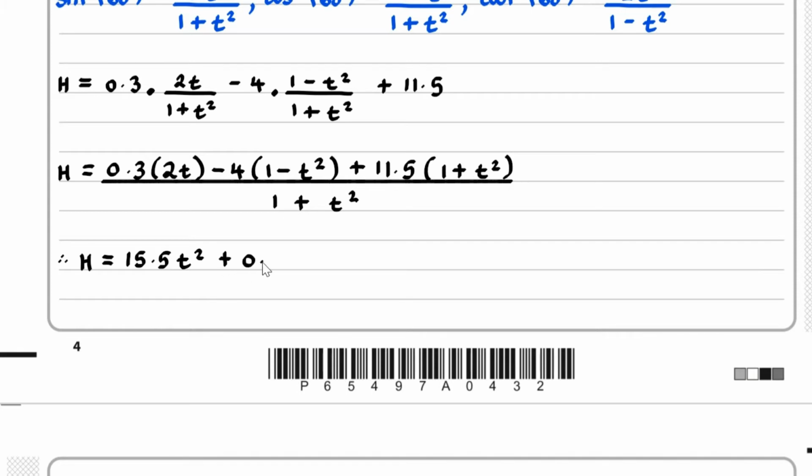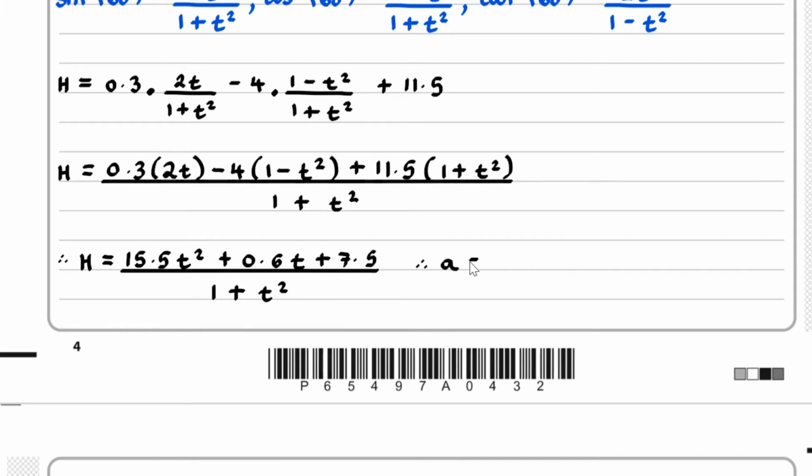Then we add on 0.6 multiplied by t, and then we've got minus 4 plus 11.5, so we add on 7.5, and then we will divide this entire result by 1 plus t squared, and that's exactly what we wanted to show.